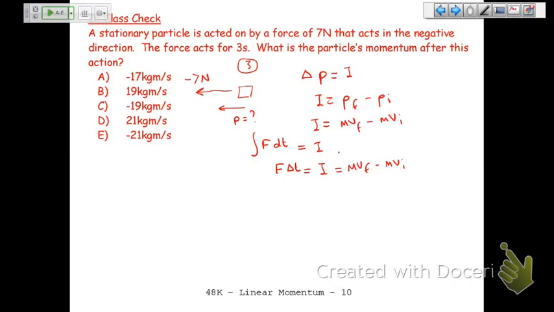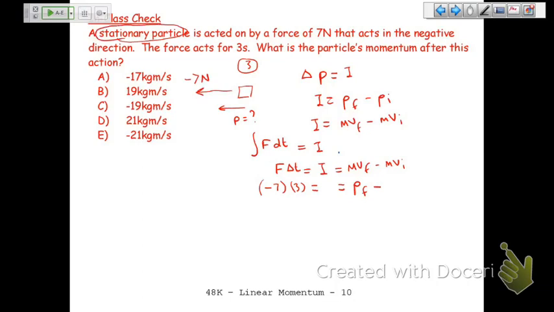And let's see what I know. I know that's minus 7, and I know that's 3 on that side. And then on this side, MV final, well actually I want P final, so let's just put down P final minus MV initial. Well, I'm not told what the initial momentum is, and I'm not told what the mass is, but I am told that the particle is stationary to begin with.